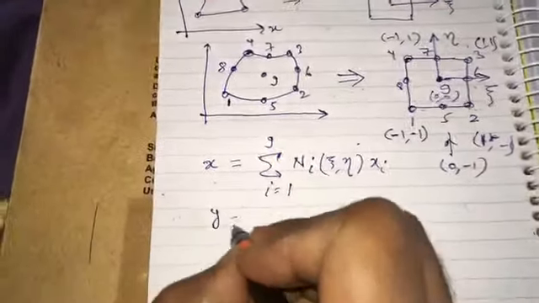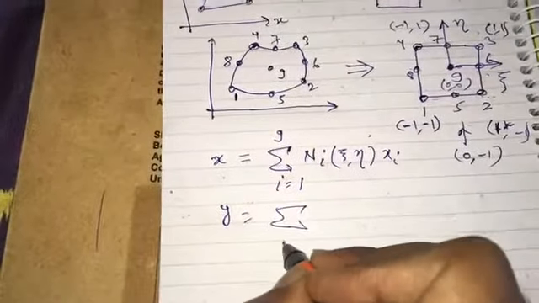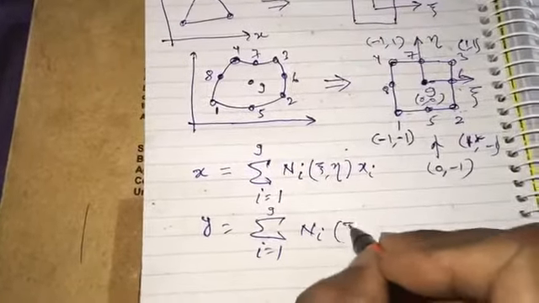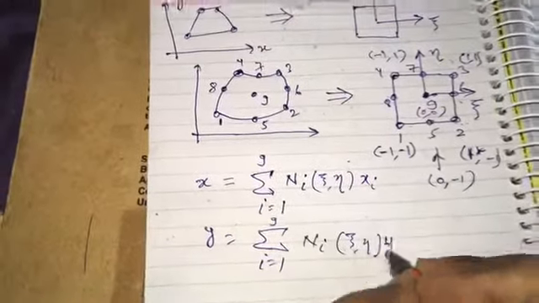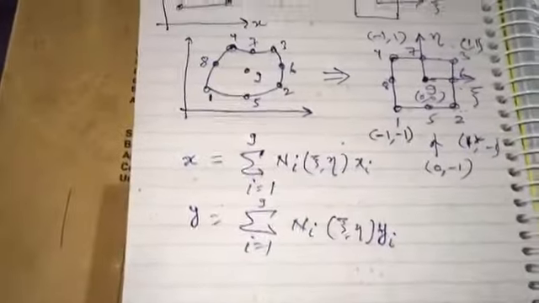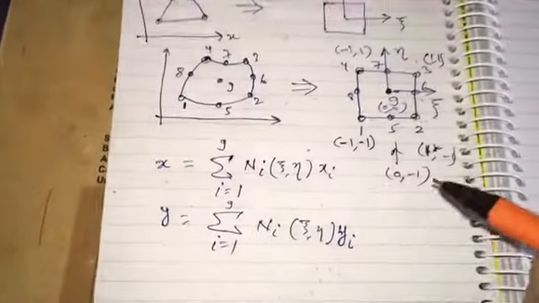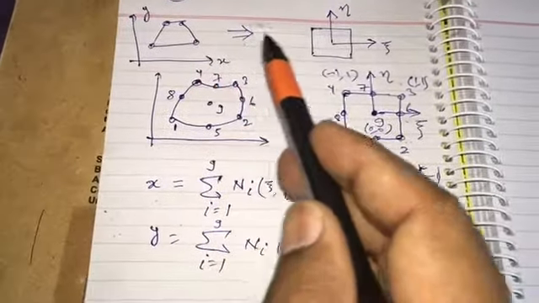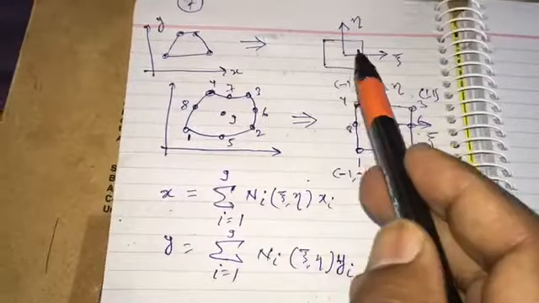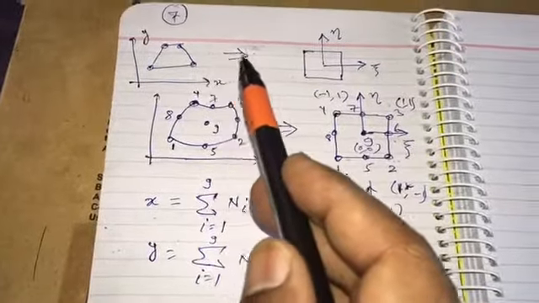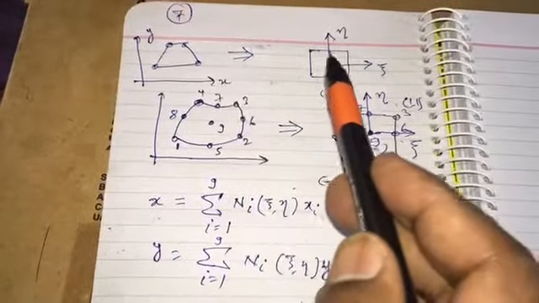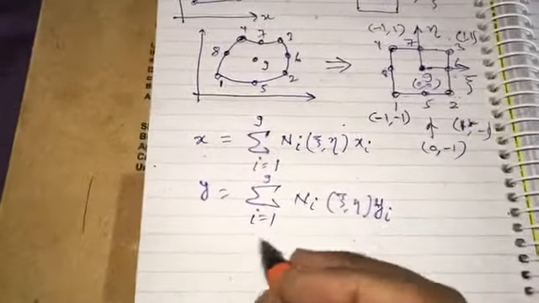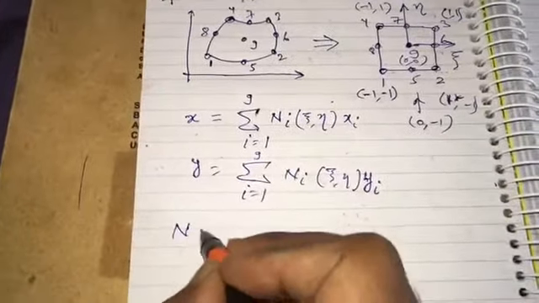And similarly y will be summation from I equal to 1 to 9 of Ni(xi, eta) multiplied by yi. This is similar to what we did for the first transformation in the last 2 video lectures. Here however Ni will be different because it's higher order.